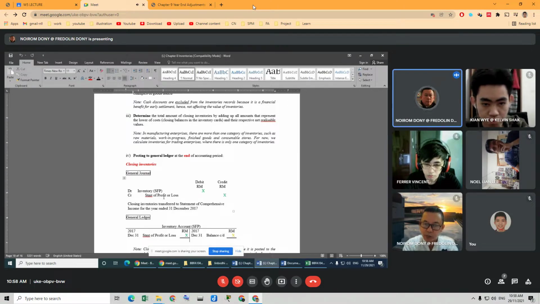Look at the symbol: opening inventory plus purchases less closing inventory. That explains why it is less. It is less because it is a revenue, but it is presented together with cost of sales. Therefore, we change the symbol to less.